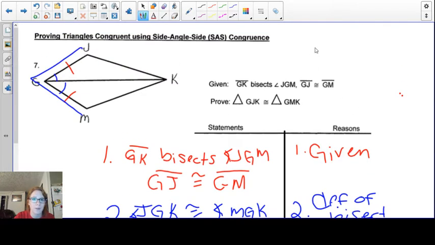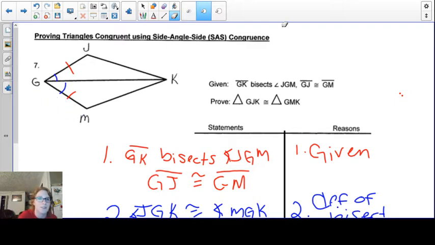Okay, well, I'm going to erase that line that I used to talk about my angle with. So if I'm looking for a side, an angle, and then another side, do I have all my pieces yet? No, I'm missing what? A side. So logically, I'm going to use a highlighter for a moment.